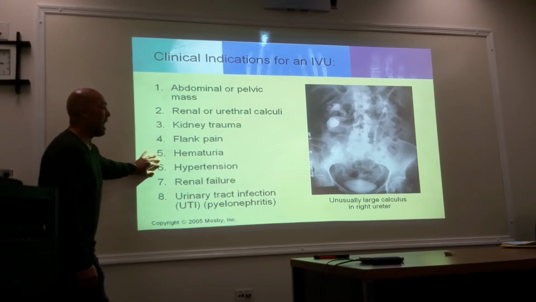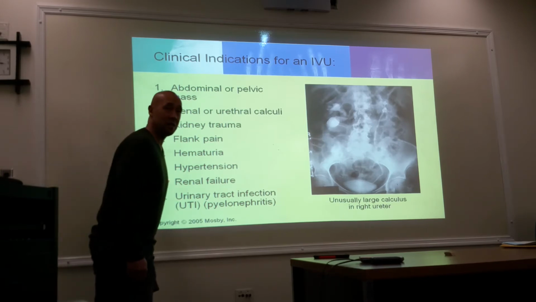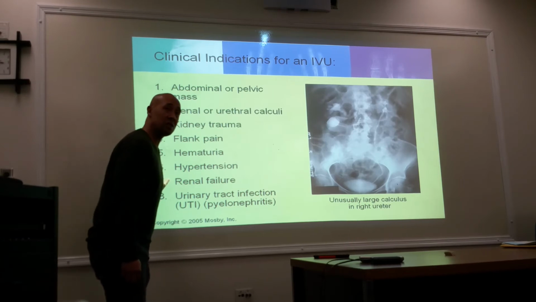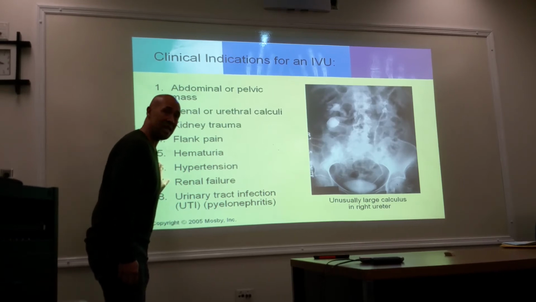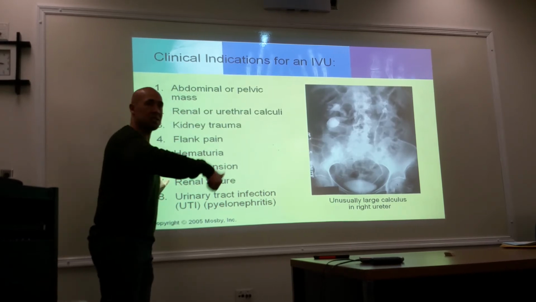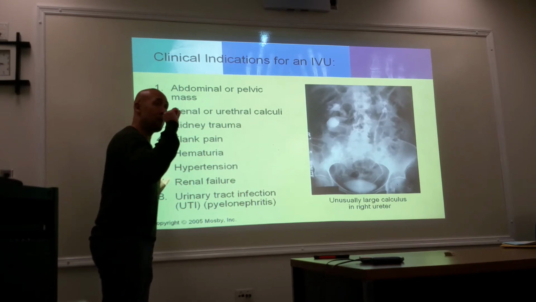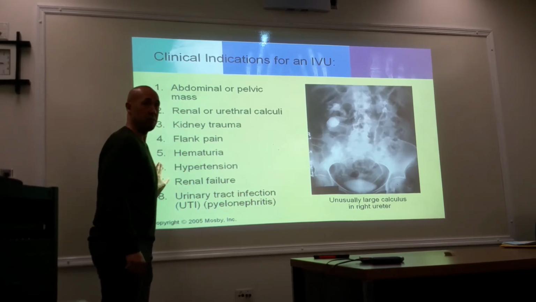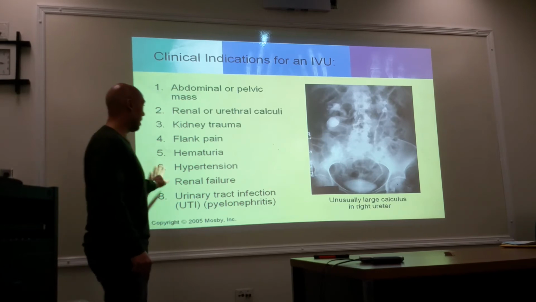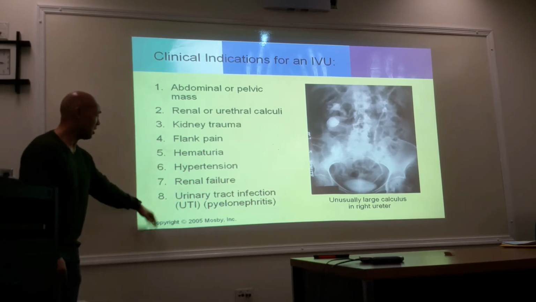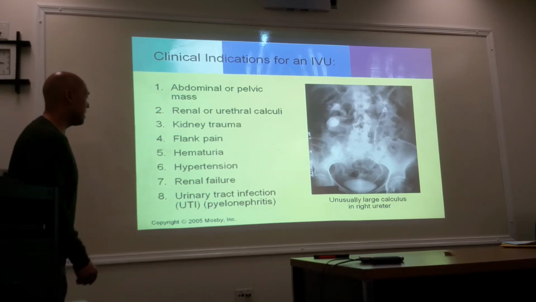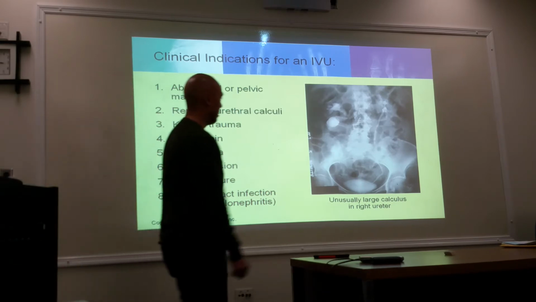Hypertension is a good indication to have the study done, because if you have a stenosis in your renal artery, it jacks up your blood pressure. So not stones, but blockage in the artery can cause hypertension. Renal failure, and then UTI or pyelonephritis.